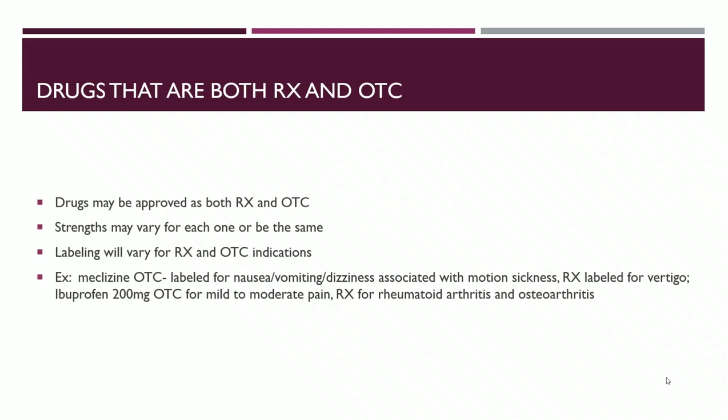If you take two examples, you could look up, for example, OTC Prilosec, look at the labeling for that, and look at the labeling for RX Prilosec. One's probably for short-term GERD, how to use that, and the other would probably be more for ulcers. So you can look up a couple of those if you want to see, but those would be drugs that would have both. And I gave some other examples there as well.